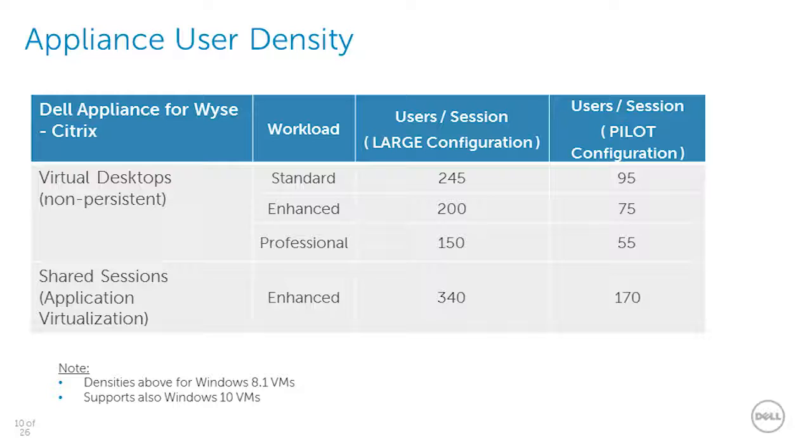For the pilot configurations, it supports between 55 and 95 users when you want to run Windows 8.1 operating systems or VMs, or it can support 170 shared sessions running Windows Server 2012 R2, a template OS. These are recommendations for non-persistent VMs, but you can also have persistent virtual machines on that.